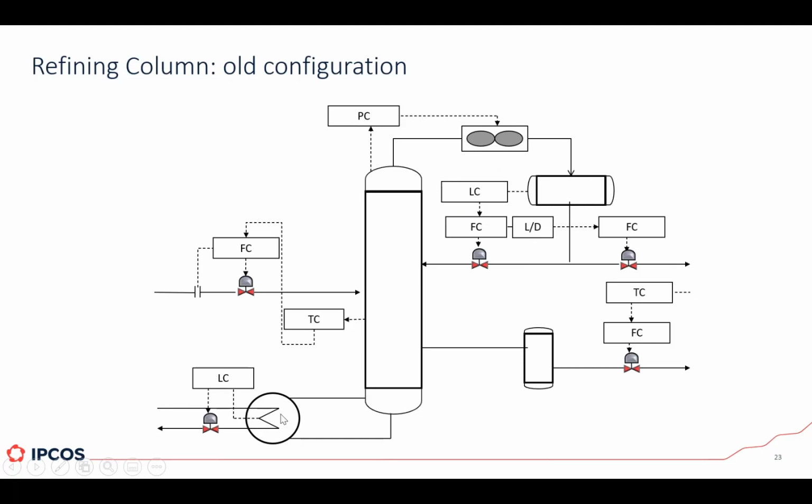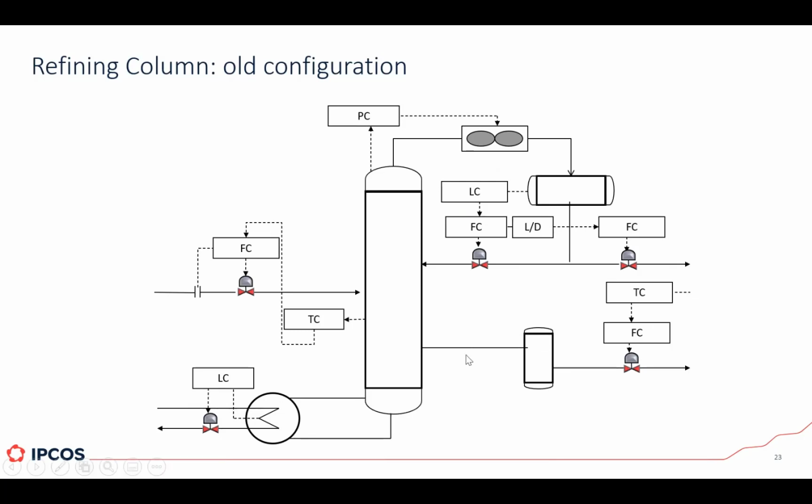There was just no real control of that. It was more like, as you can see, a demand type of system, depending on how much liquid was coming here just to keep a level, then it was boiling more or boiling less. But there was no real control of that.